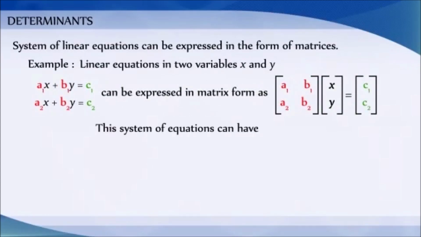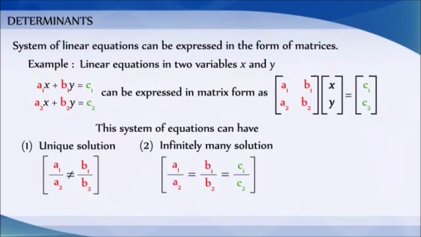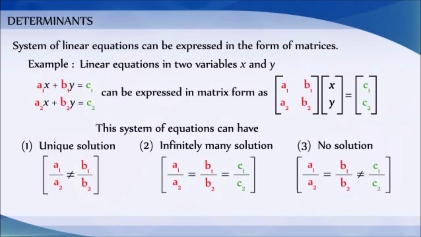This system of equations can have one unique solution, that is, if a1 by a2 is not equal to b1 by b2. It may have infinitely many solutions if a1 by a2 is equal to b1 by b2 is equal to c1 by c2, or no solution if a1 by a2 is equal to b1 by b2 is not equal to c1 by c2, depending on the values of a1, a2, b1, b2.